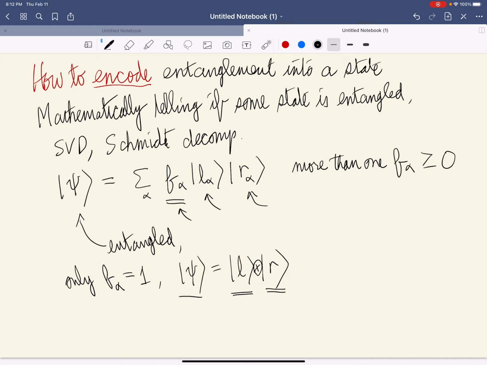So, by definition, this is an unentangled or a product state. Okay, so that was the mathematical way of telling whether a given wave function is entangled or not.